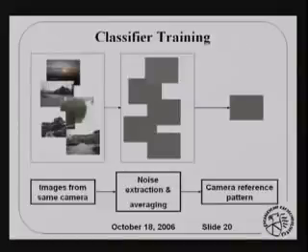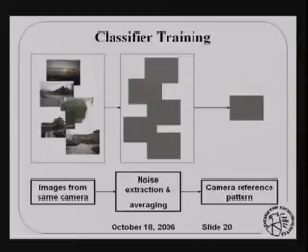See the block diagram of the same process. We have a set of images coming from the same camera, and we denoise them and extract the noise corresponding to those images. Then we average all these noise patterns to get the camera reference pattern. The assumption in the solution of this problem is that the image we are going to test on is coming from one of the cameras on which we have already trained our classifier.